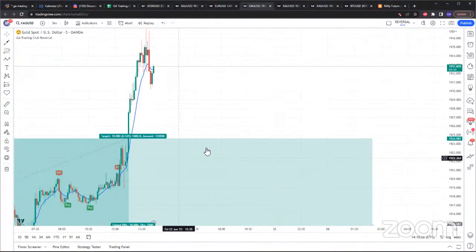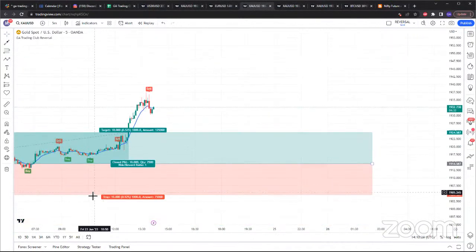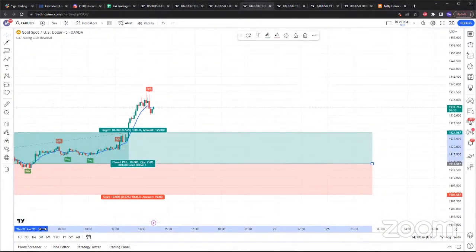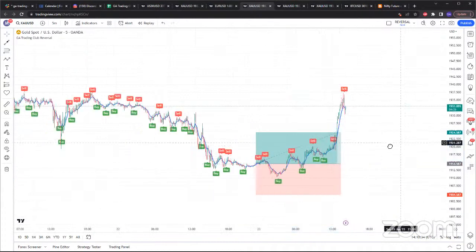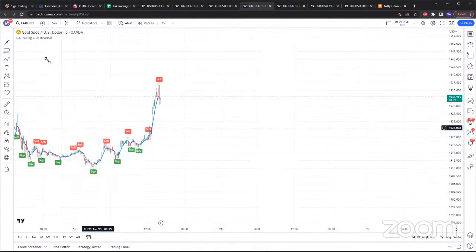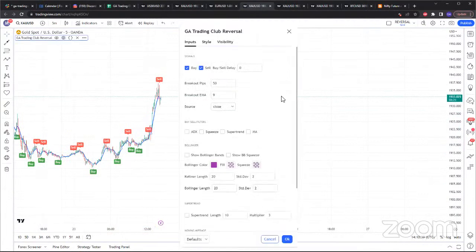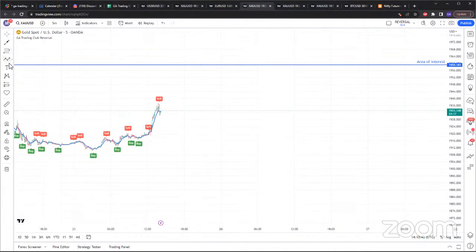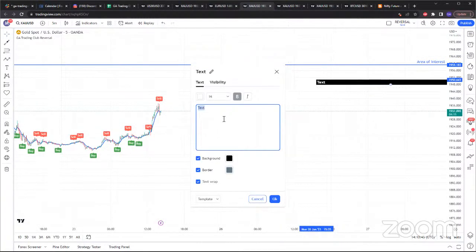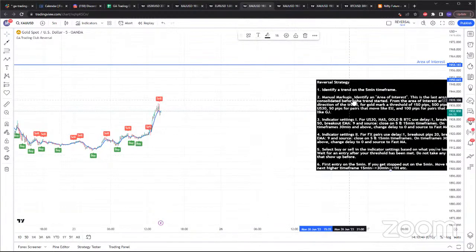So for this gold reversal, this one already hit TP. This is the trade that hit TP this morning, so I'll go ahead and delete that. Right now I'm only looking for sells, and if I bring this text, I wrote some documentation on what to look out for, reversal strategy down here.